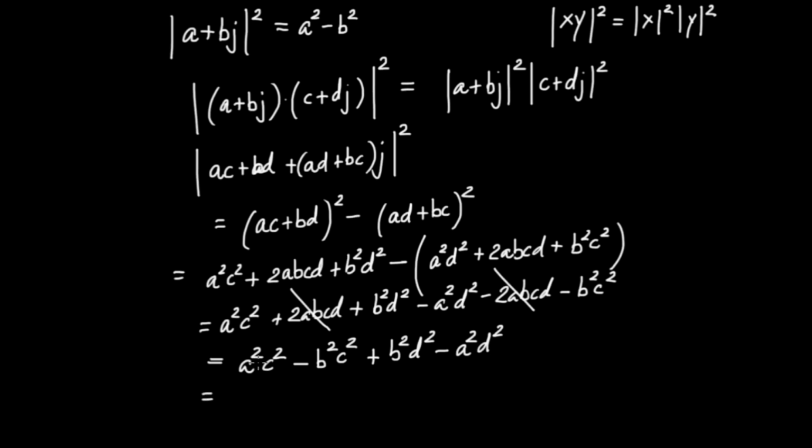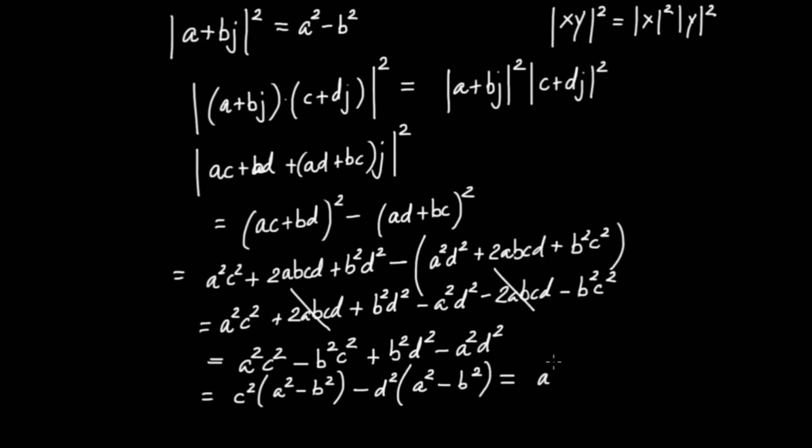And now out of the first two terms, I'm going to factor out a c squared. So I have c squared times a squared minus b squared. And now out of the second two terms, I'm going to factor out a minus d squared. So now this term is going to become positive, so I get plus a squared as opposed to minus. And this term is going to flip signs as well, so I'm going to get minus b squared. And now you notice that both terms here have a factor of a squared minus b squared.